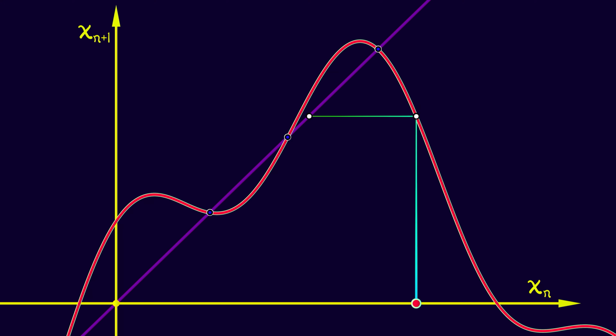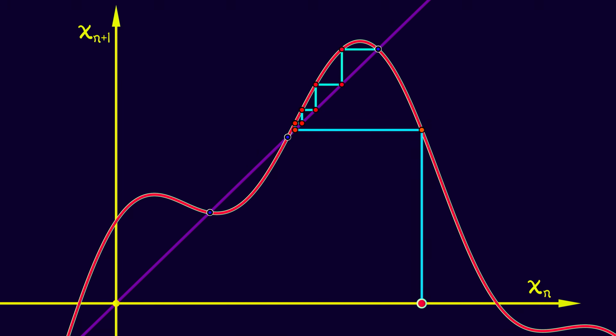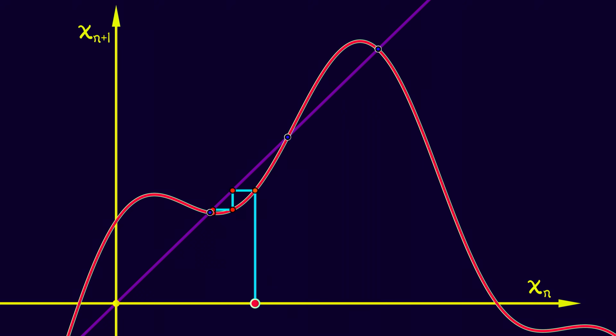So vertical, horizontal, vertical, horizontal, keep going. This is going to give you a picture of what an individual initial condition does. And now you could start doing some interesting things like moving that initial condition back and forth and seeing what happens to the associated dynamics as you change the initial condition.